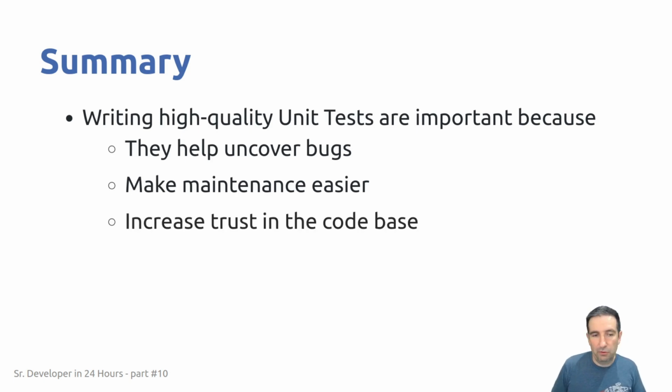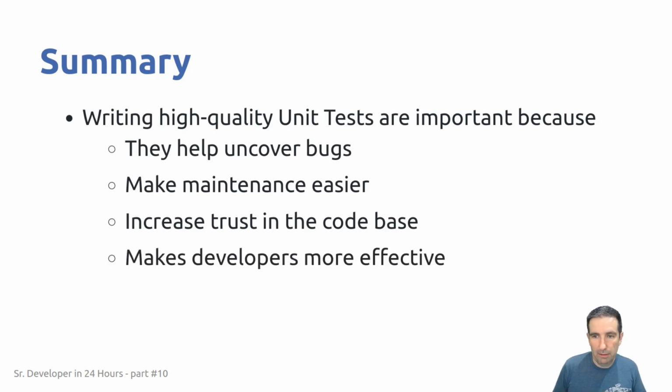It increases the trust in the code base from the developers and from the users, because they know that if we fix a bug, we create a test, then that bug is not going to creep up on us again. And the most important part is that it makes developers more effective. If we have simple but comprehensive unit tests, our developers are going to be able to move faster. They're going to be able to move with more confidence, make changes in a more trustful way.